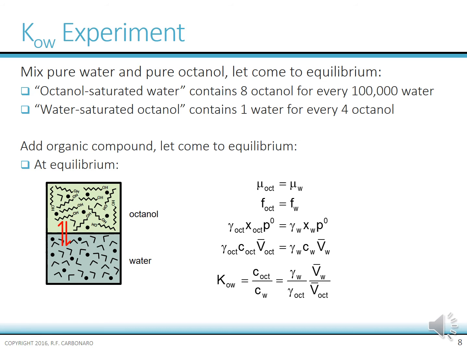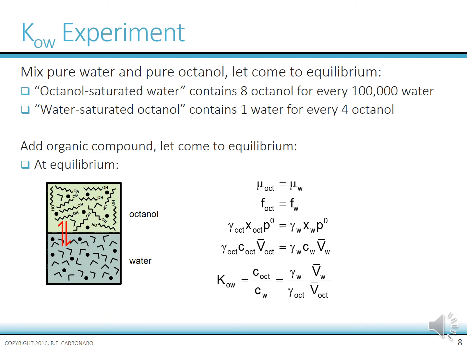But now that we've covered that, what we can do now is introduce a chemical. And you can see my cartoon is very similar to the previous slide, except now I have the black circles which represent the chemical of concern. So this is our organic chemical. Could be benzene, could be naphthalene, could be PCE, could be whatever.